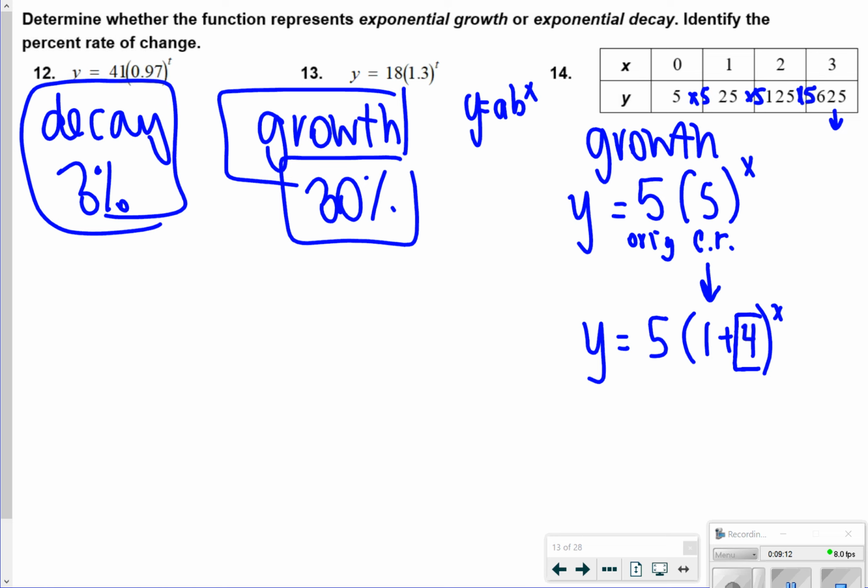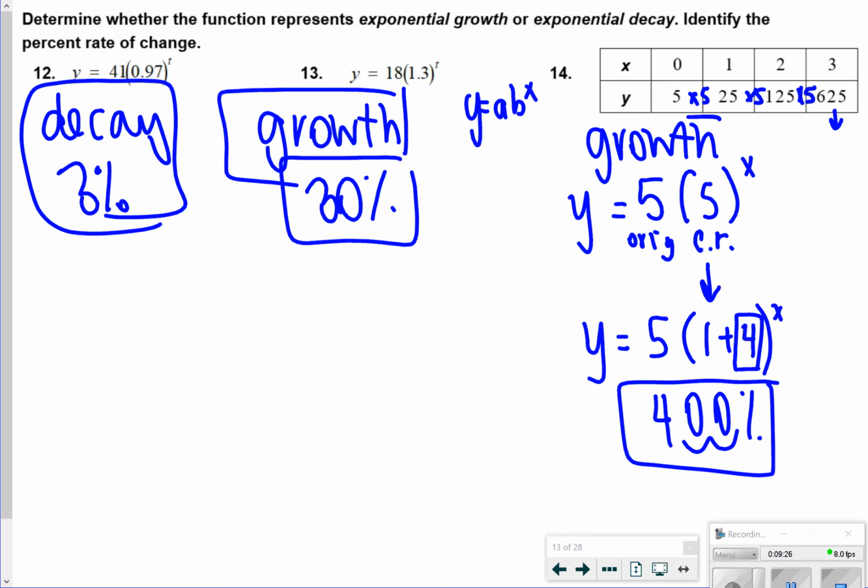This number right here, the 4, is going to represent my percentage of growth. It is not in percent form. It's not 4% growth. Instead, it would be 400% growth. So therefore, it is a growth problem with 400% growth, because that 1 plus 4 needed to be able to make the common ratio of 5.